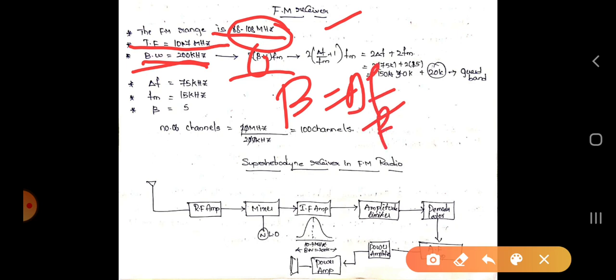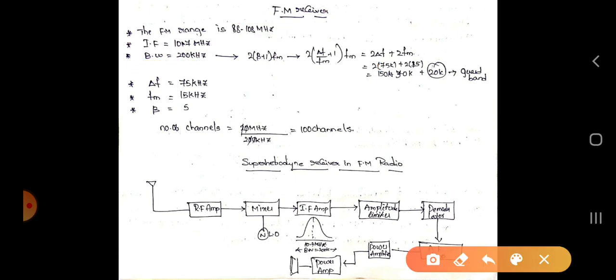After multiplication, we get 2 delta f plus 2 fm. The frequency deviation used in the FM receiver is 75 kilohertz, and the message signal frequency at the input side is 15 kilohertz. So finally 2 into 75 is 150 kilohertz, plus 2 into 15 is 30 kilohertz.